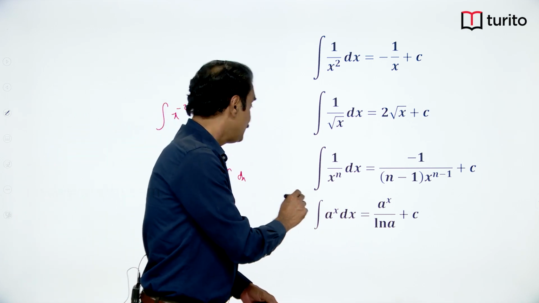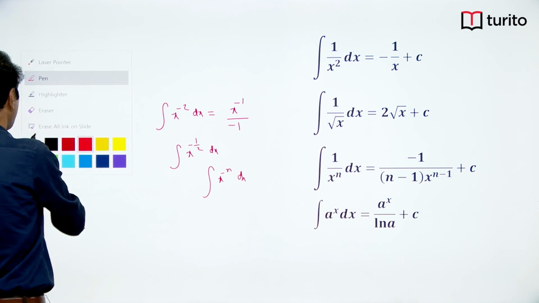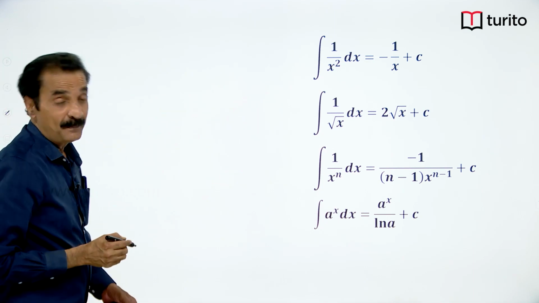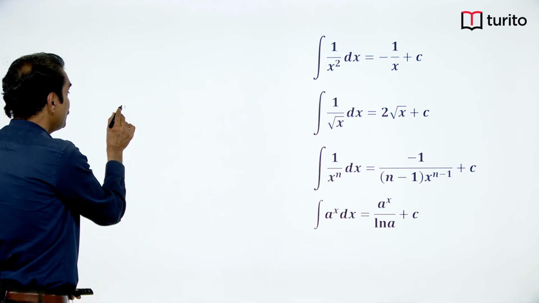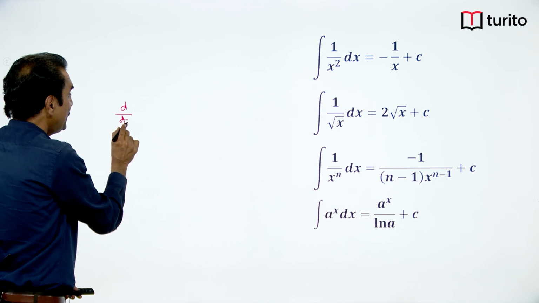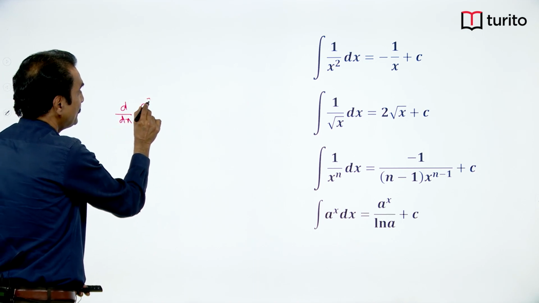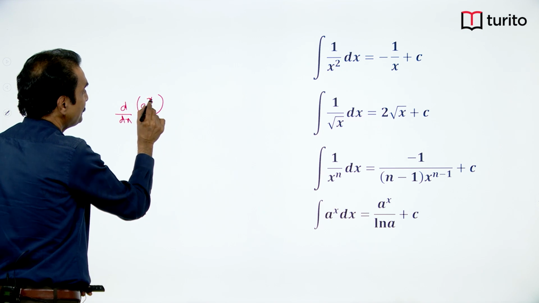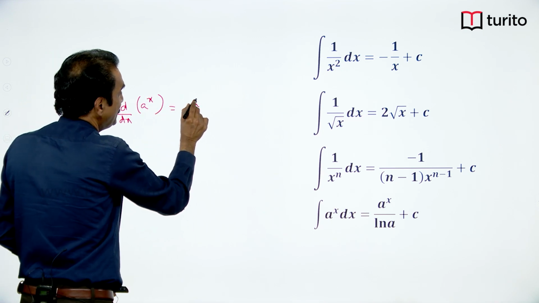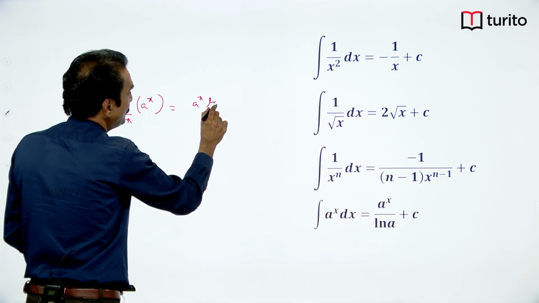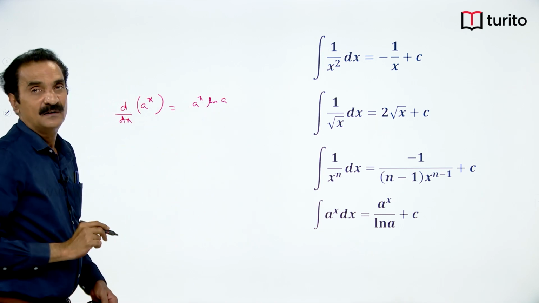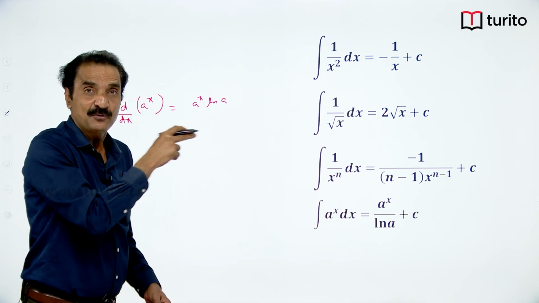Next, you know that derivative of a power x, d by dx of a power x, is a power x into ln a, means log a to the base e.